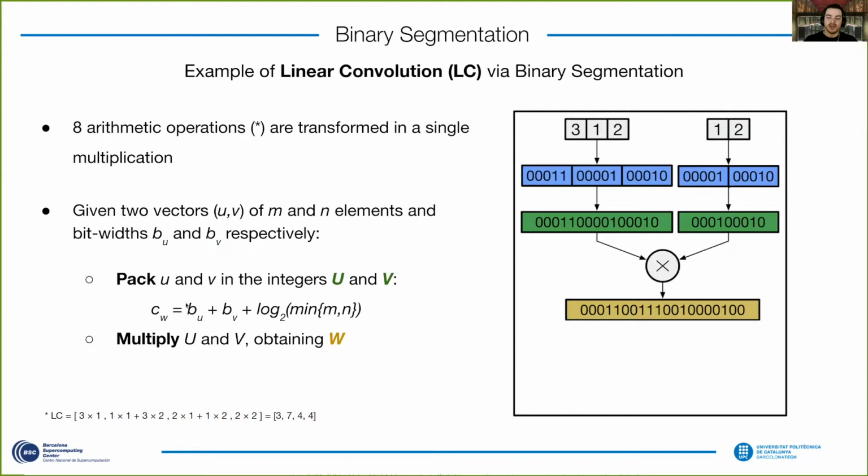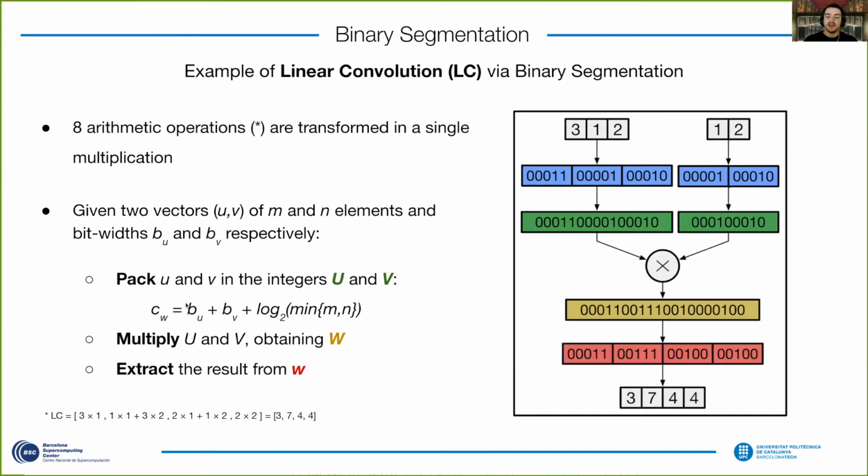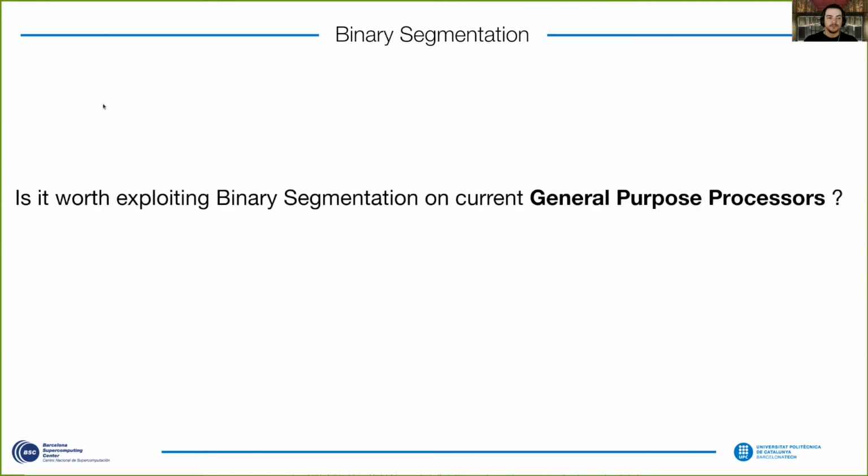You have to multiply the two variables, and then for each slice of the multiplication output, you obtain one output element of the linear convolution, where each element still has the clustering width as a bit width. And as you can see, we obtain the same result as computing the linear convolution in the naive way, while saving 8x the number of arithmetic operations.